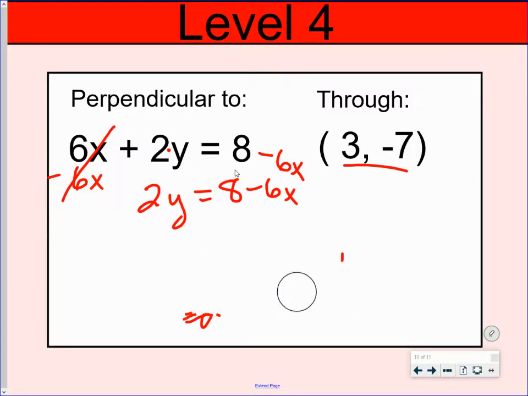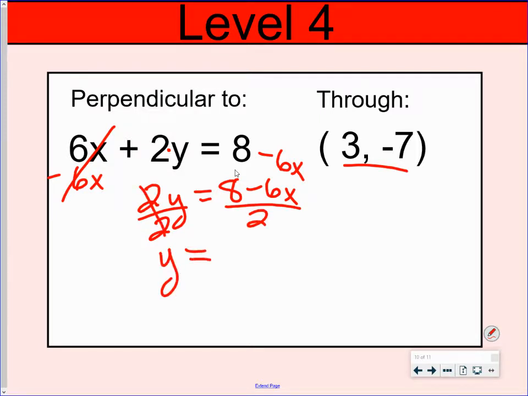Y is being multiplied by 2, so we need to divide everything by 2. Divide both sides by 2. And y is equal to, this 2 goes into both of these, so it's going to be 4 minus 3x.